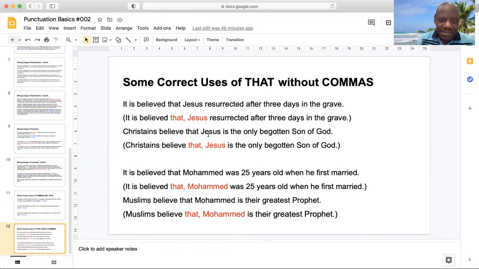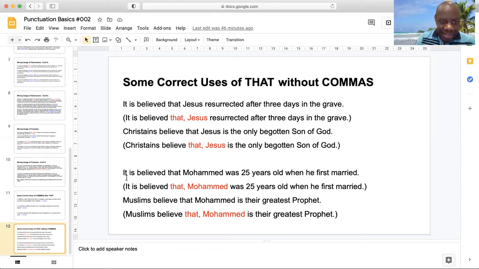Second sentence: Christians believe that Jesus is the only begotten Son of God. But once you say Christians believe that and you put a comma, what do they believe? Because Christians, subject, believe, verb, that what? The object is incomplete. So you have to remove the comma so that the object, which is that Jesus is the only begotten Son of God, will be correct and complete.